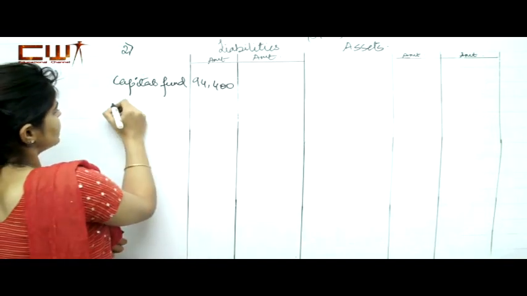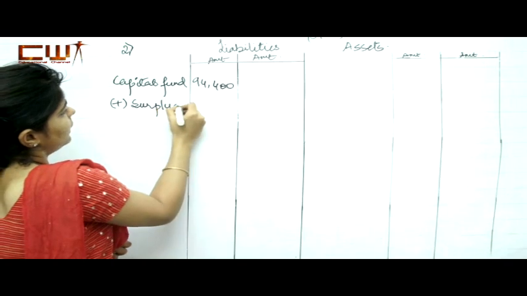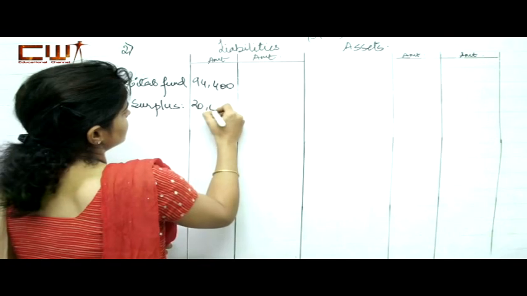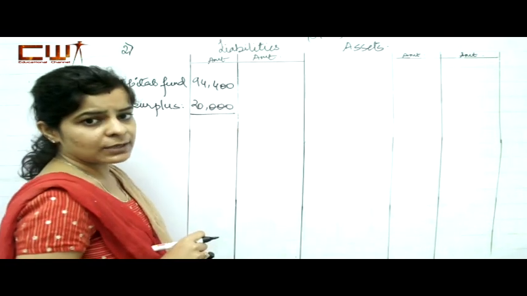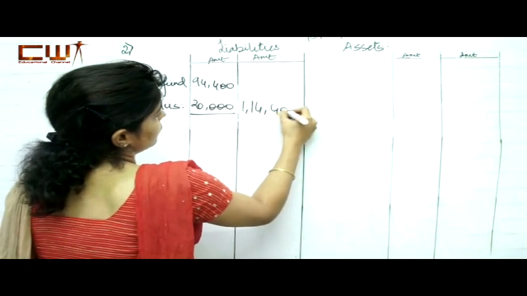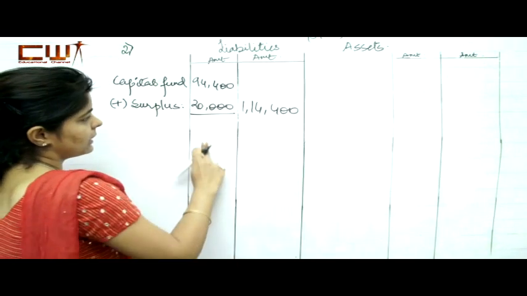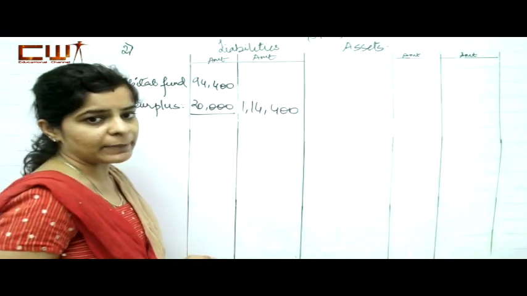Now what you will do is you will add the surplus to it, that will be 20,000. 94,400 plus 20,000, you will get 1,14,400, right? This is the liability side capital fund dealing complete, right?